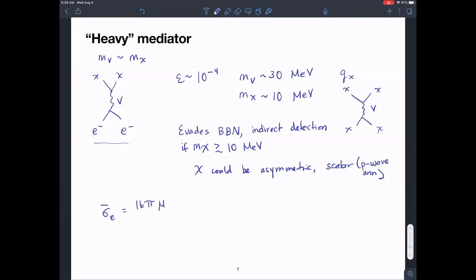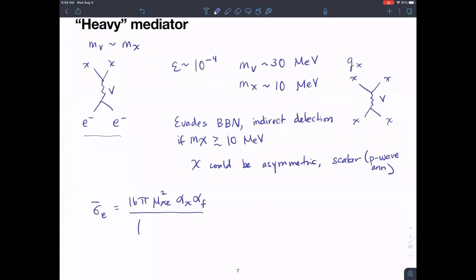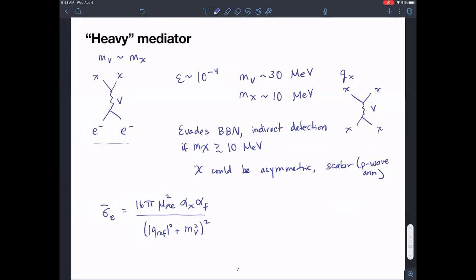It goes as the reduced mass squared, the combination of couplings, and then the denominator is a reference momentum squared plus the mediator mass squared.